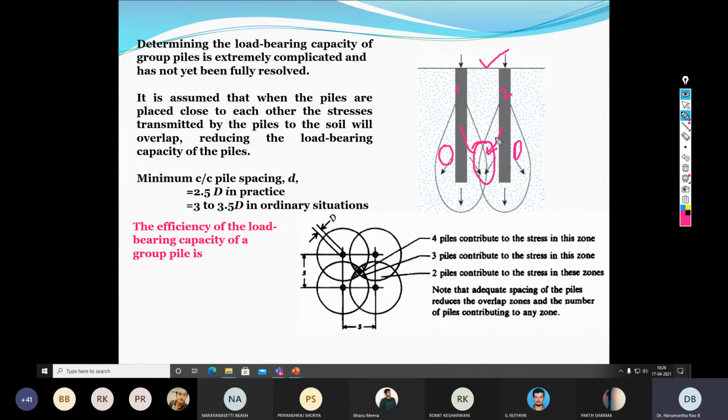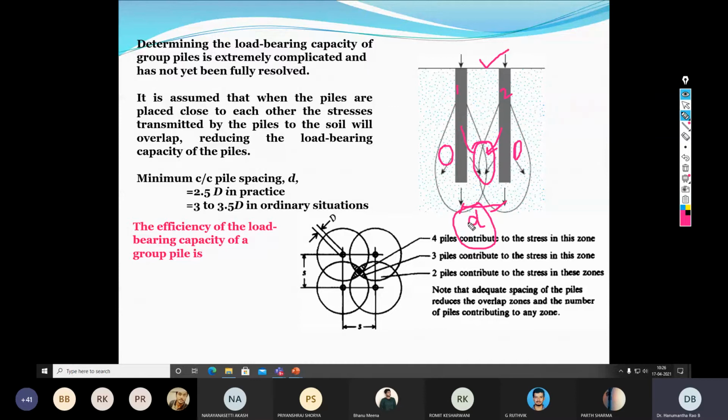So when you design any pile group, ensure that the least amount of overlap exists between the piles. That's all. Now, how do you overcome this limitation? That limitation is overcome by optimizing the spacing between the piles. That is D, as I told you.